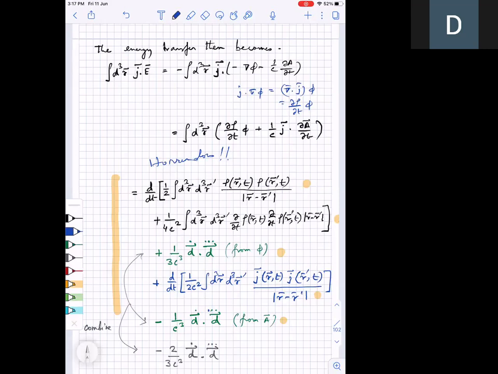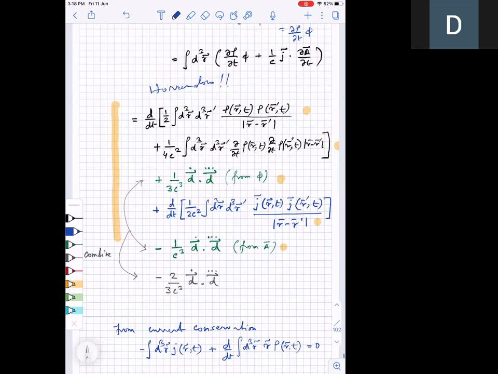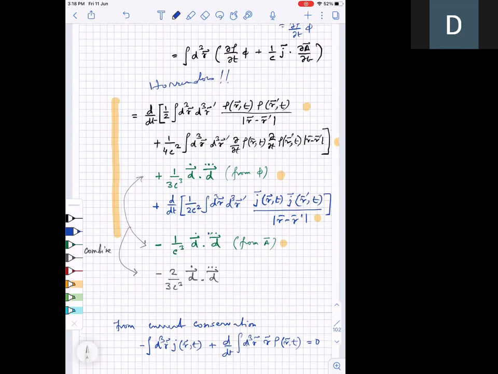The rest of the terms turn out to be 0. Why? Because, as I said, there is this current conservation which connects the J with the R times rho. So if you use this, you will see that the term will go to 0.